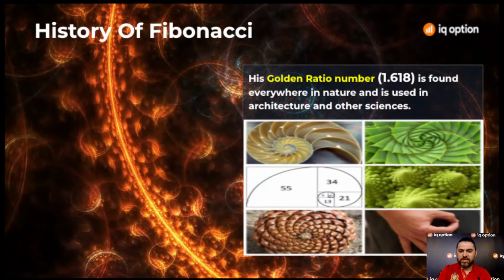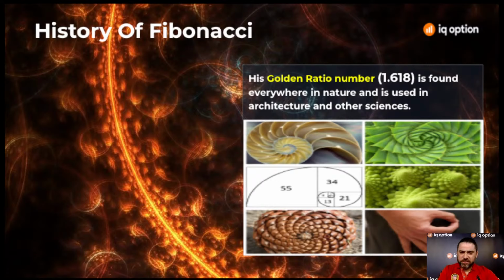Now here is what Fibonacci more or less has taught us: the golden ratio number. By the way, this is not something he invented himself. This is something that Eastern civilizations already had; they were aware of it. Fibonacci was just the first person to bring this into the Western world. So the golden ratio number, 1.618, is found everywhere in nature and is used in architecture and other sciences.